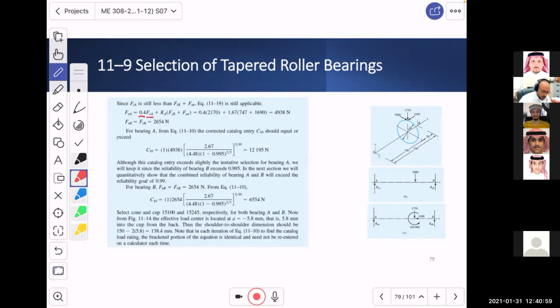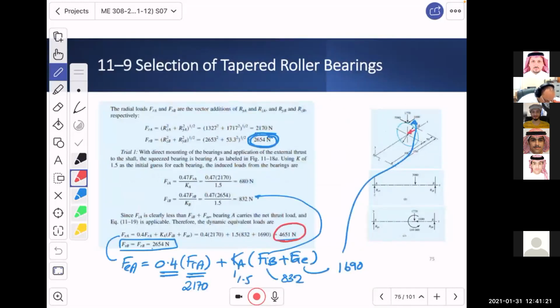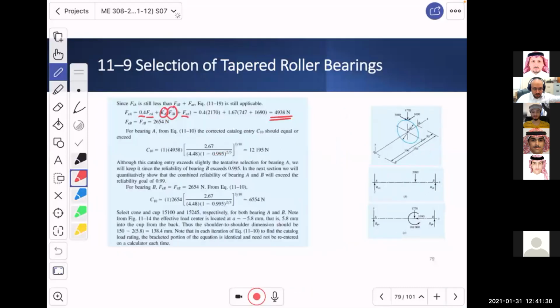FRA is the same. The FAE is the same. What changed is FIB and KA. By changing these two values, what did we get? We get 4,938. How much was it before? Let me see. It was 4,651. Now it is 4,900. So it's a little bit more. Okay.